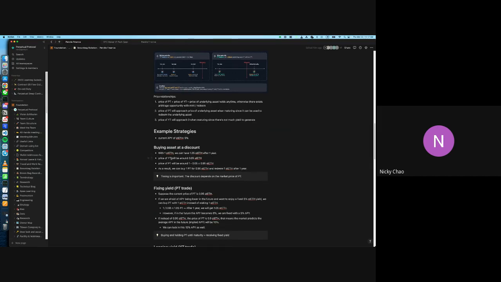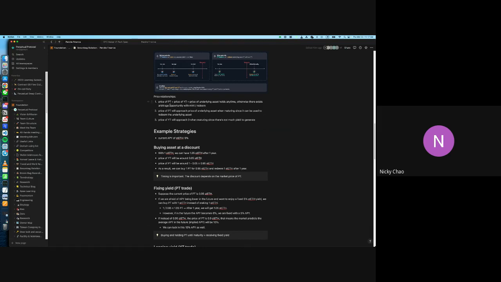Because the YT token represents the underlying yield of this one stETH, the price of YT will probably be around 0.05 stETH, because if you hold the YT token for 1 year, it is expected to give you 0.05 stETH.